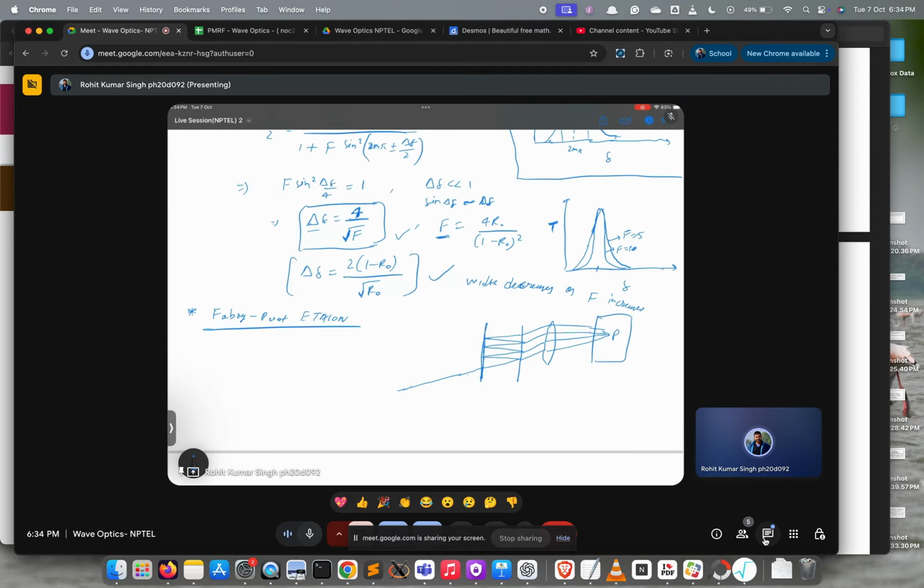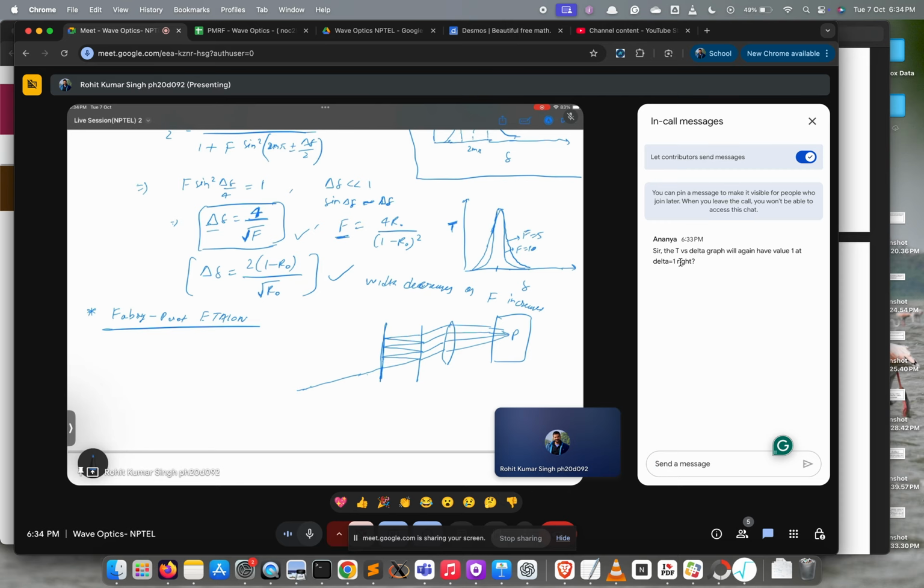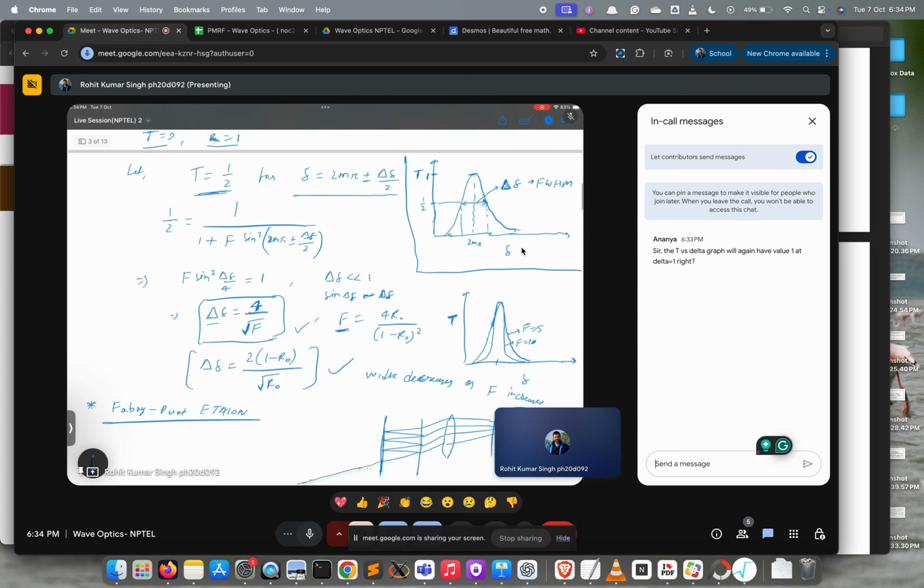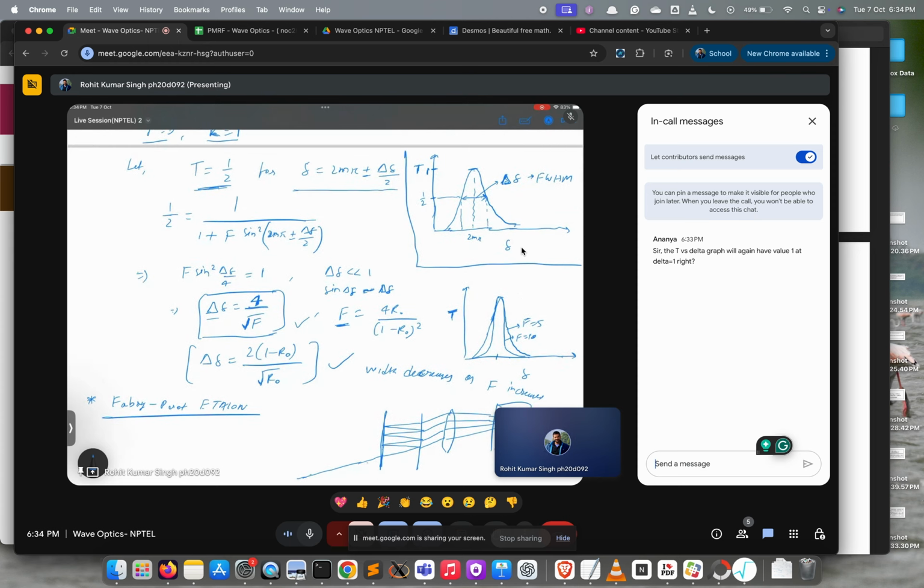So I think there is some message. The t versus delta graph will again have value 1, not at delta equal to 1, but at 2 m pi plus 2 pi. Here again it will have a peak equal to 1.